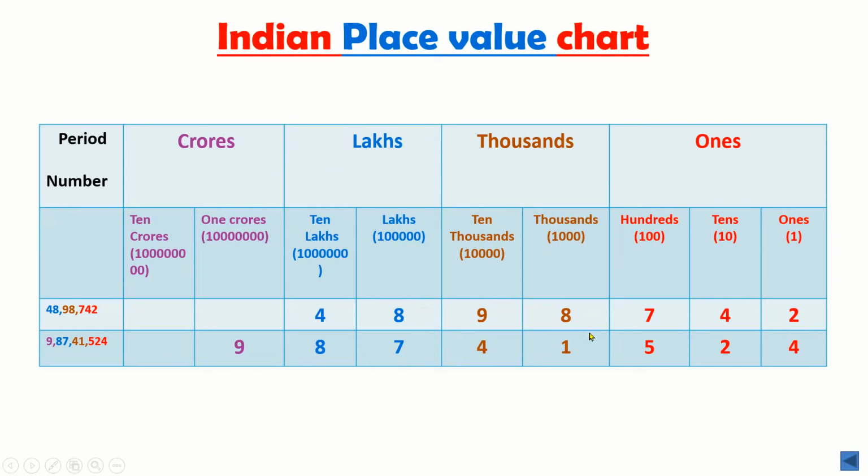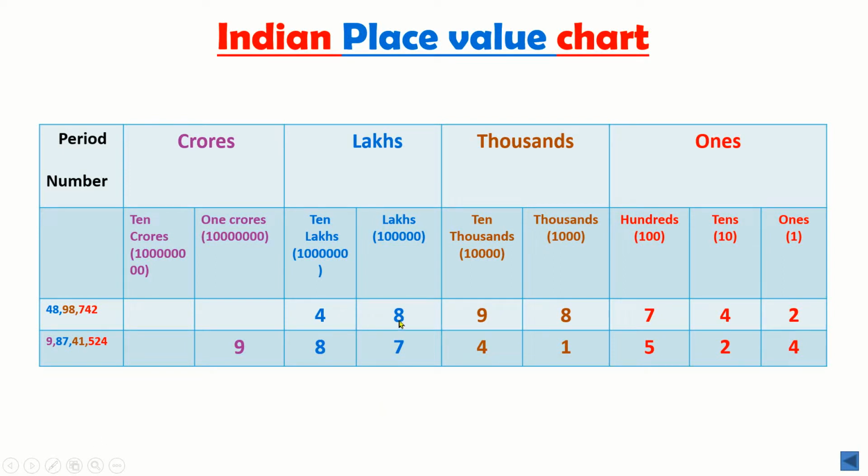In the ones period, we have 3 place values, that is ones, tens, hundreds. The thousand period has 2 places, 10,000s and thousands. In the lakhs period, we have 2 place values, 10 lakhs and lakhs. In the crore period, we have 2 places, 10 crores and 1 crore.